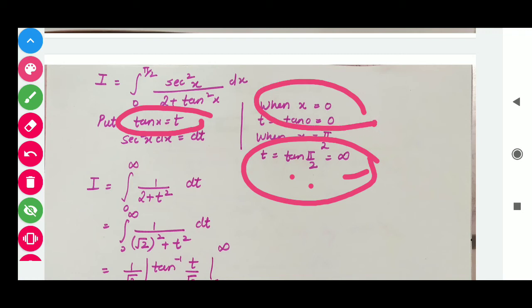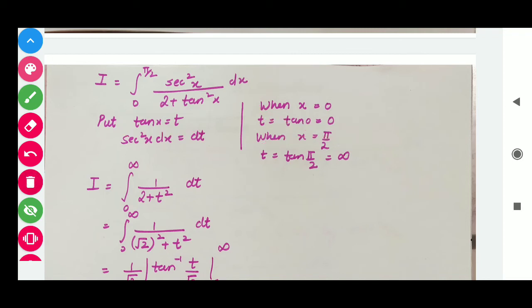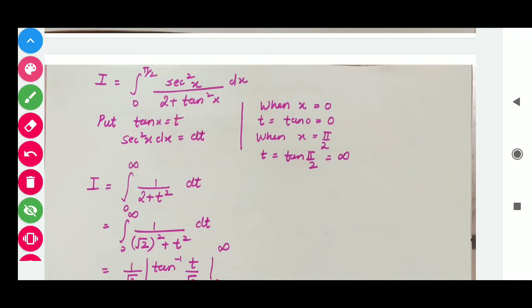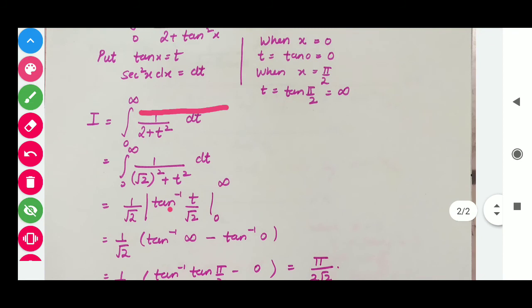So here I equals the integral from 0 to infinity of 1 over, because secant square x dx equals dt. So we put here secant square x dx equals dt, and in the denominator we write 2 plus t square. So by using the formula 1 over a square plus x square, we write here 1 over a tan inverse x over a.